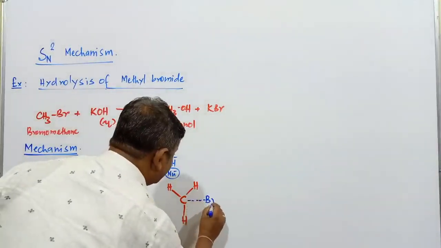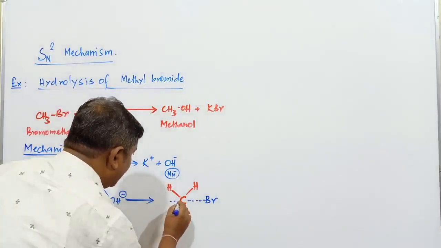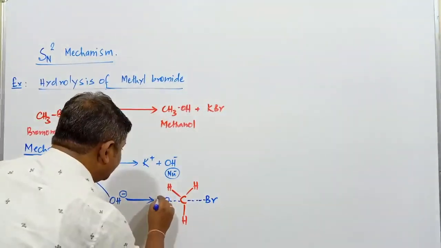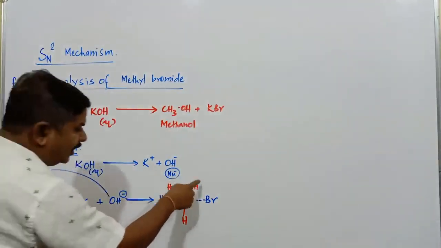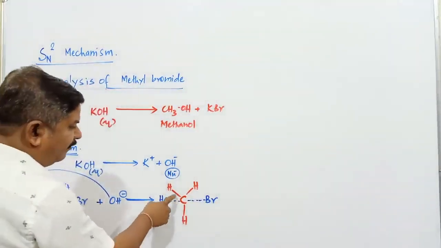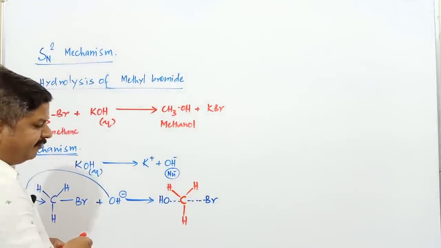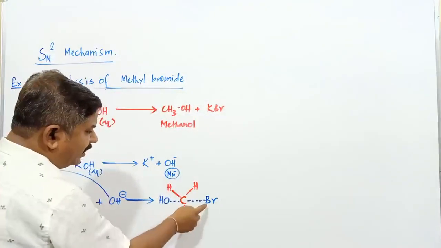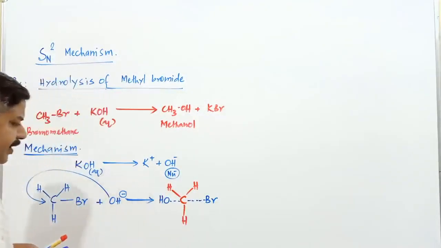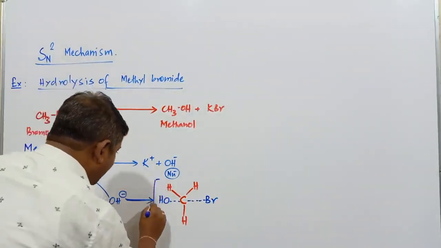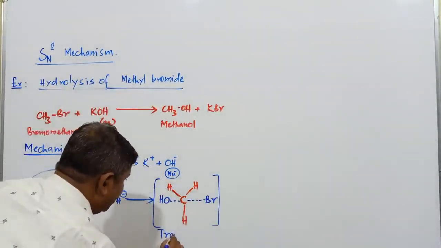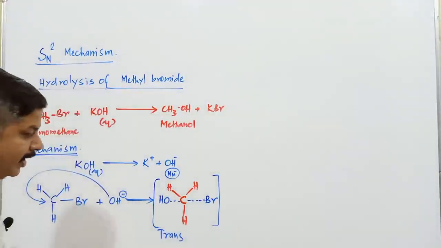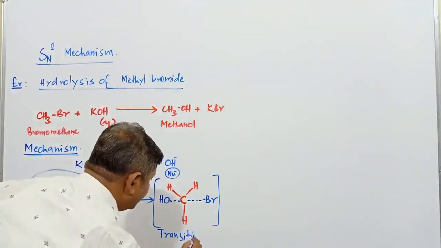So this is carbon-bromine, and here this particular group is OH. Now in this case, carbon is holding 5 different atoms or groups of atoms: 3 hydrogen atoms, 1 bromine atom, and 1 OH group. In that case, this particular state of the molecule is generally called the transition state.